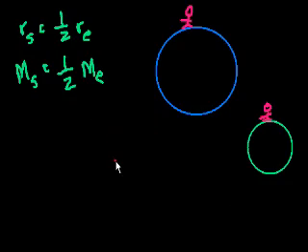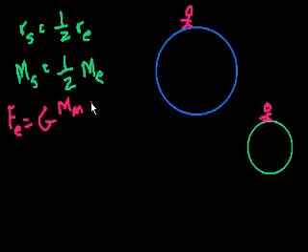So what is the pull on me on Earth? Well, my weight on Earth, the force on Earth, is going to be equal to the gravitational constant G times the mass of me, m sub m, times the mass of Earth, divided by what?